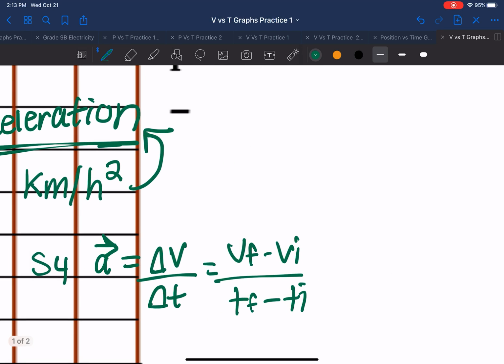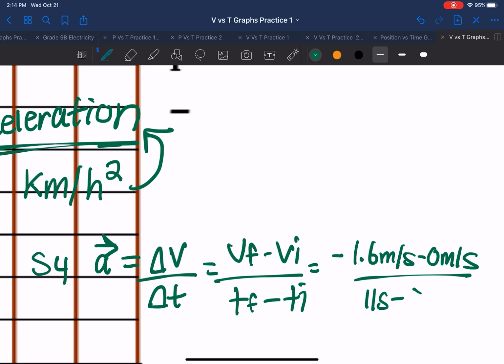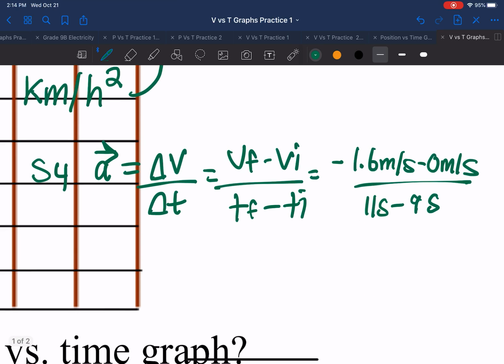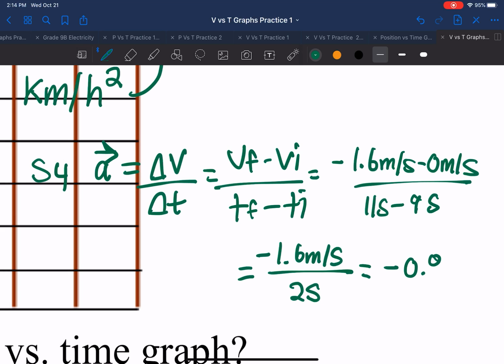All right, so I'm going to enter the values of negative 1.6 meters per second minus 0 meters per second, and then you're going to get 11 seconds minus 9 seconds, which equals negative 1.6 meters per second divided by 2 seconds, and you're going to get negative 0.8 meters per second squared.